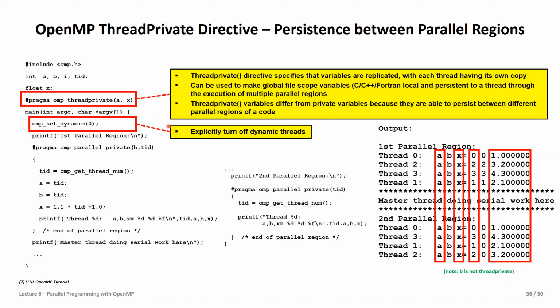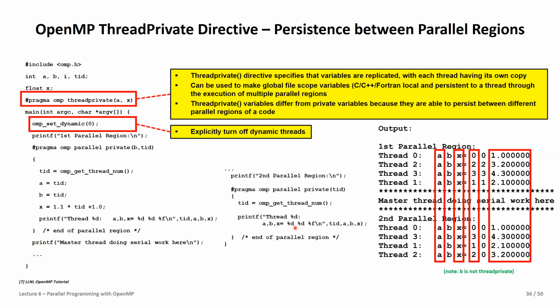But the important part is that A and X are thread private. So these values that we assigned to A and X should remain relevant in our second pragma parallel region, right? And here you see we get again the number of the real thread ID, but we also give an output of A, B, and X at that time, like we did before in the first parallel region.